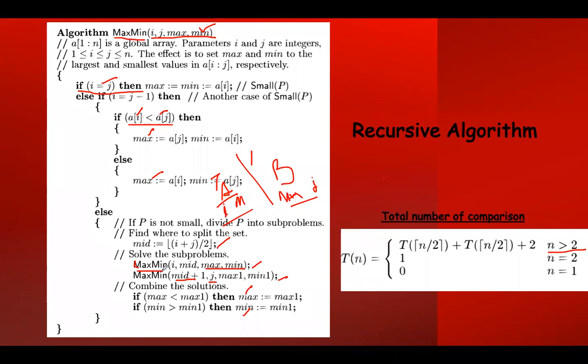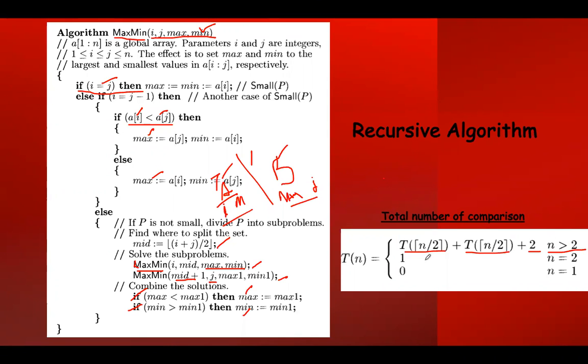This max min will be called T of n by 2, that is, part A will be called for n by 2 elements and part B will be called for n by 2 elements. So T of n by 2 plus T of n by 2 plus 2. What is this plus 2? That plus 2 is this comparison and this comparison. This is also an if and this is also an if. That is plus 2. Is it clear?